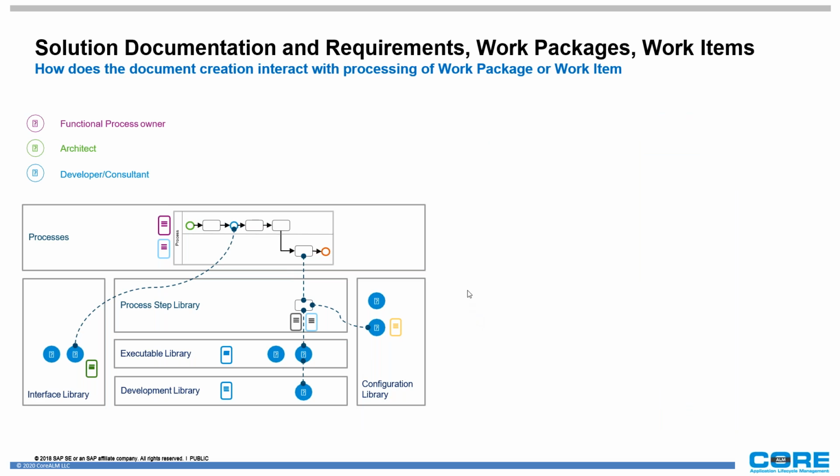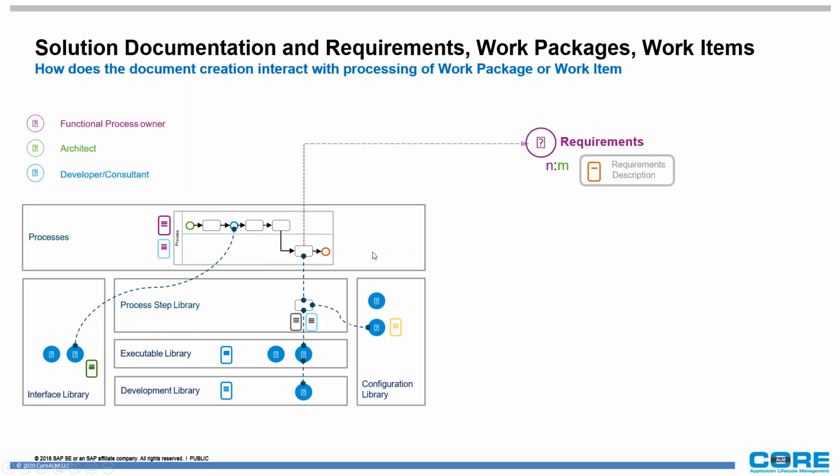Now, the way the entire creation happens is, I'm going to go back in here one more time. We have a process hierarchy where we determine all of our processes from a design perspective, and we have a process flow showing exactly how this is going to be executed within the system.